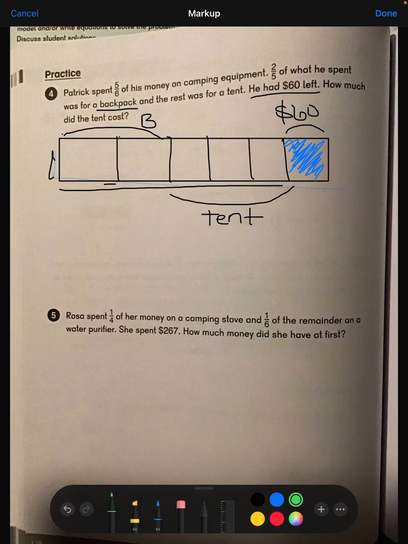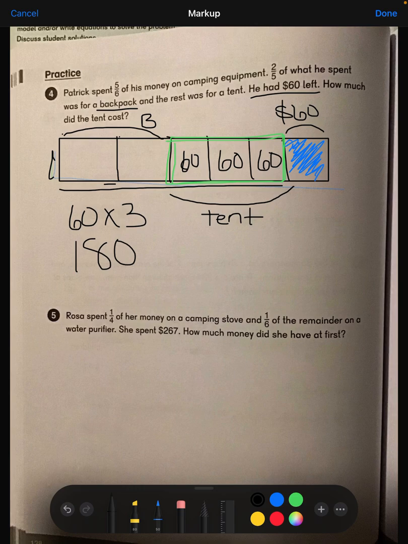The reason we know that there's 3 is because 3 of the units have been marked tent. So that means that one of these is worth 60, the second one's worth 60, and the third one's worth 60. In reality, we're doing 60 times 3. His tent was $180.